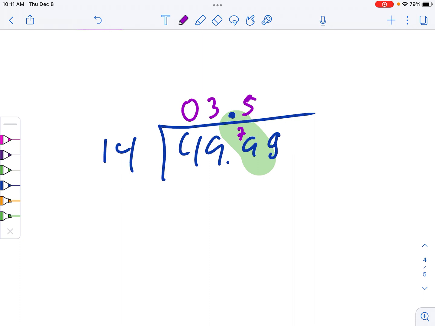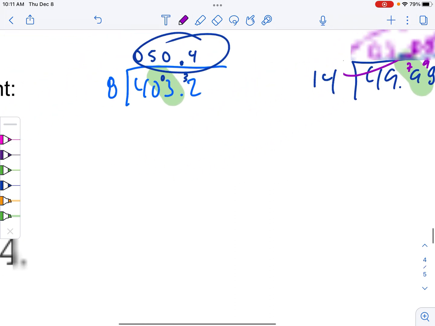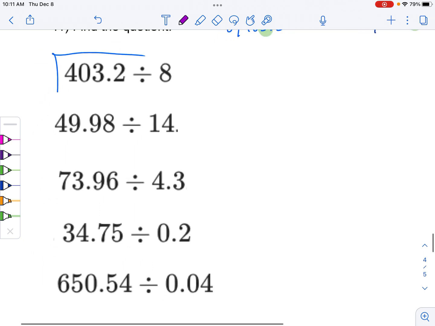I don't even know. 14 times 5, 20, 5, 6, 7, 70. Oh, 9 left over. Okay, so 14 goes into 98 7 times. Boom, done. Bing! No remainder. If there was a remainder, though, we can do it. We just put a 0 on the end and keep going.